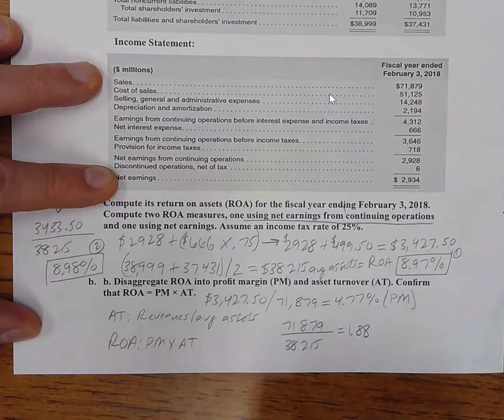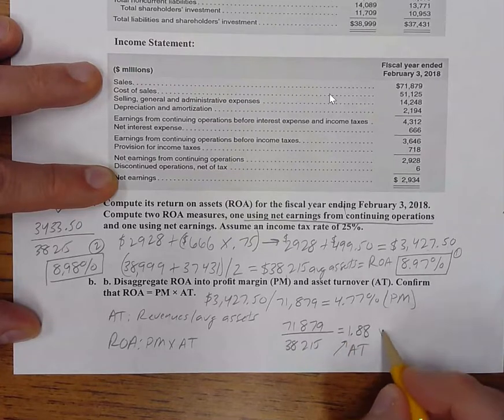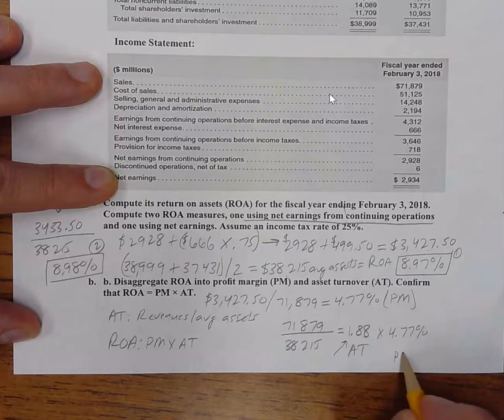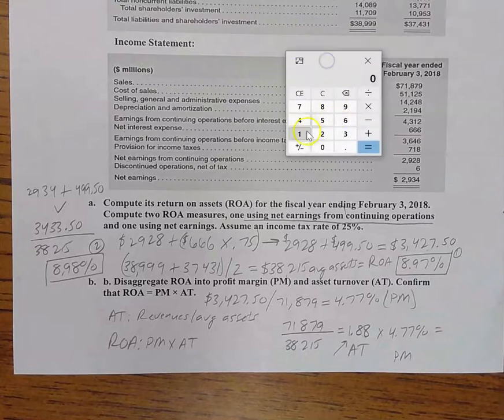So we're going to take asset turnover of 1.88 times 4.77%, which is our profit margin, and find out what we come up with. 1.88 asset turnover times 4.77 gives us 8.97%.